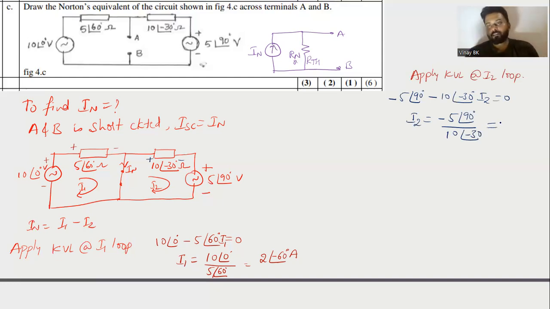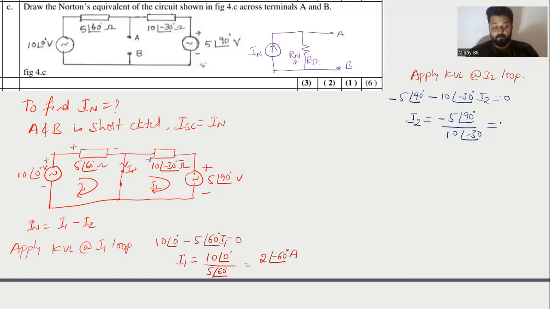minus 5 at an angle of 90 degree divided by 10 at an angle of minus 30 degree.